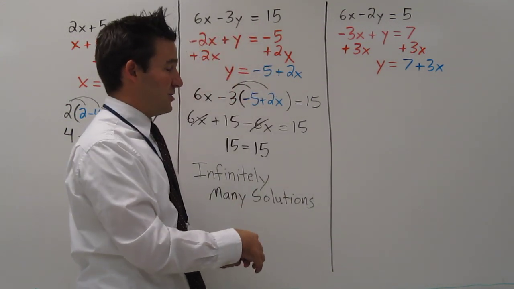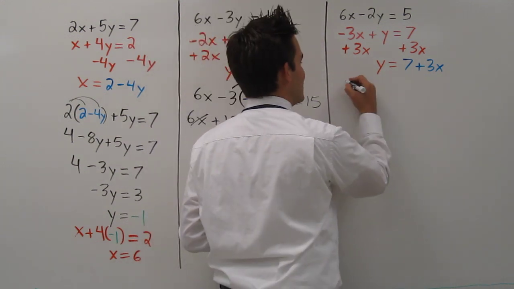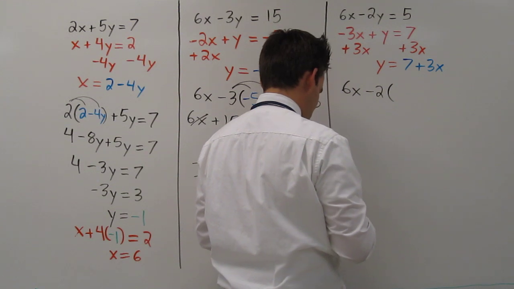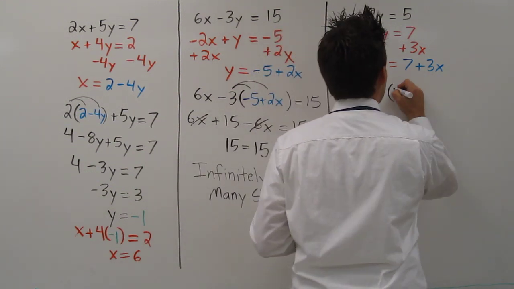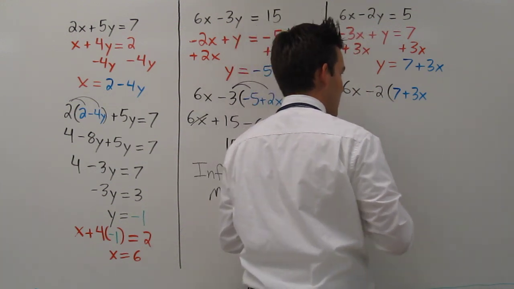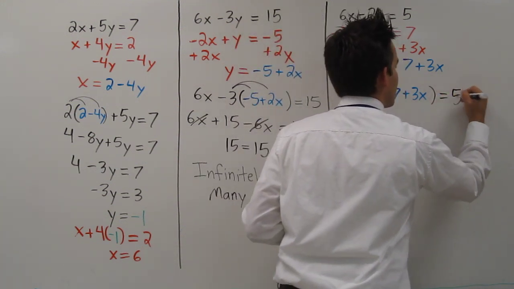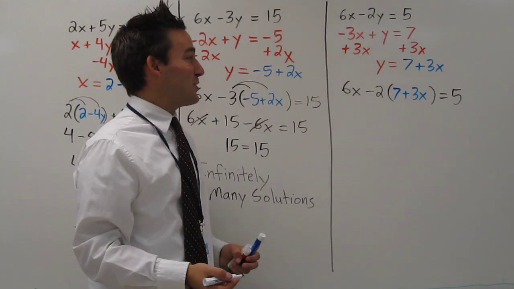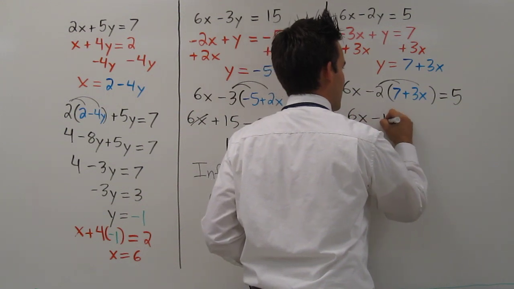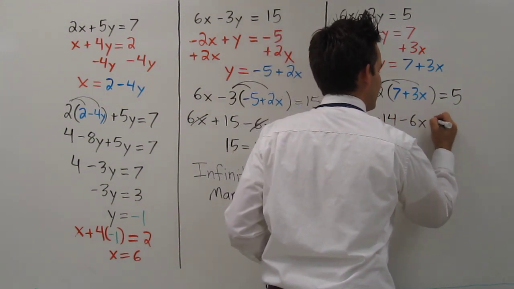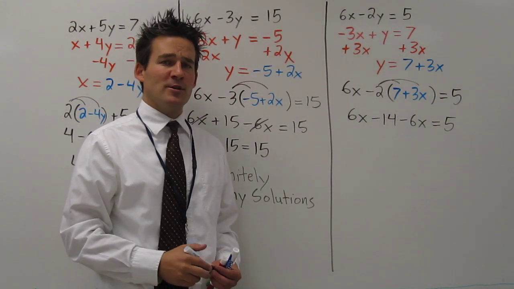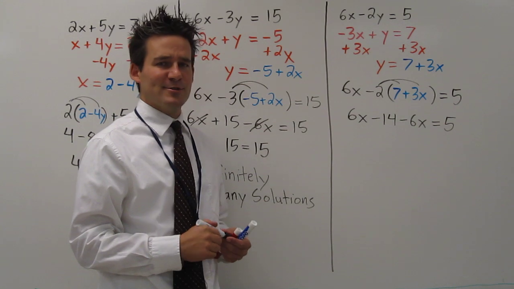When we do that substitution into the black equation, we get, once again using the distributive property, we're left with 6x minus 14 minus 6x equals 5.